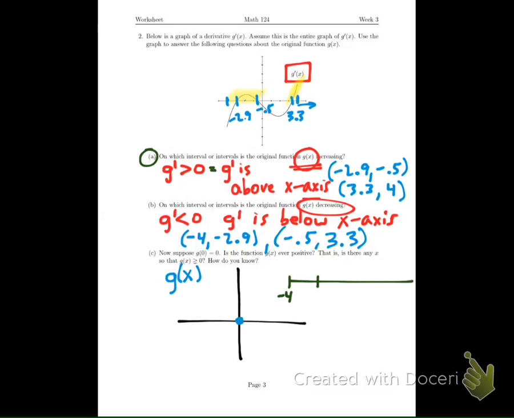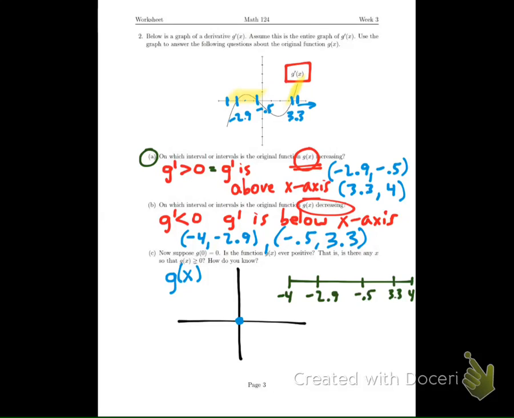Our critical points are when g prime is equal to 0, and that would be at negative 2.9. It's hard for me to look at the graph and determine, is g of x ever positive? So negative 4 to negative 2.9, and then we also have a critical point where g prime is equal to 0 at negative 0.5, and then we have 3.3, and then we have a 4 way over there.